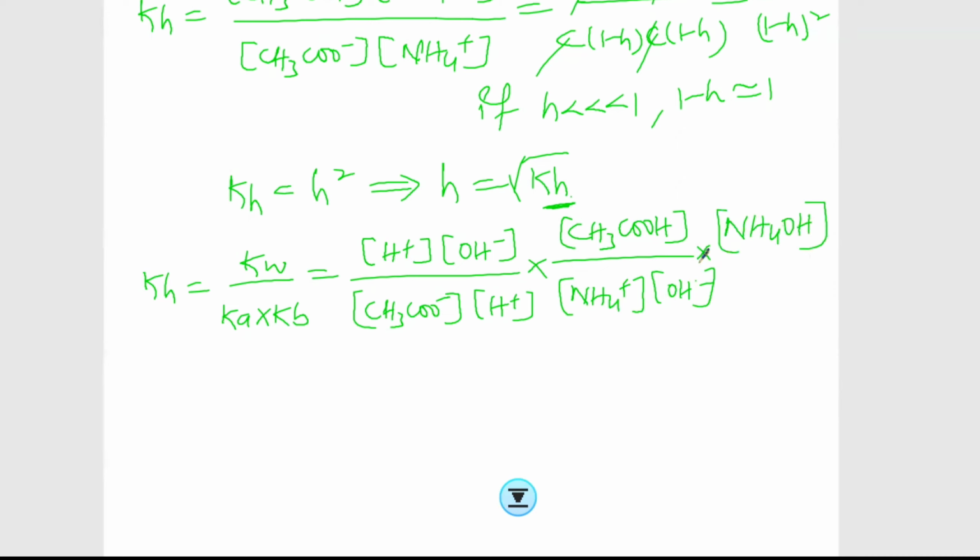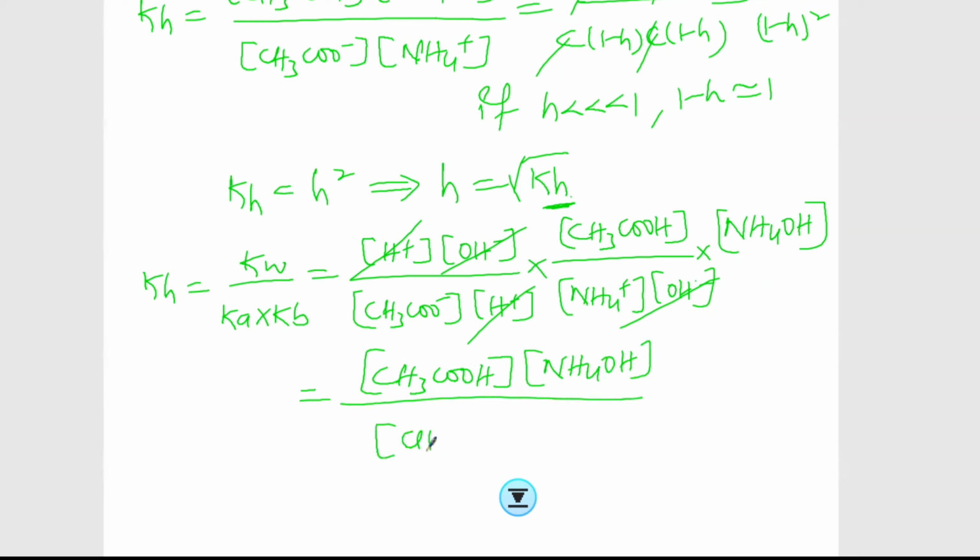Okay, so which one will get cancelled? H plus gets cancelled, OH minus gets cancelled. The remaining will be what? The same acetic acid and NH4OH, the products in the weak acid weak base salt hydrolysis, by acetate CH3COO minus and NH4 plus.